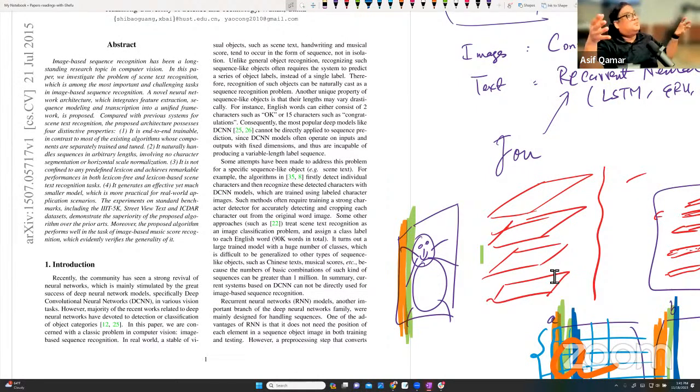And then comes a research paper that says, this is all you need. And then it just squashes everything together and simplifies everything. It's basically saying it's a much simpler model. One single model does it all, which is more practical for real-world application scenarios. So this word I would like to emphasize.